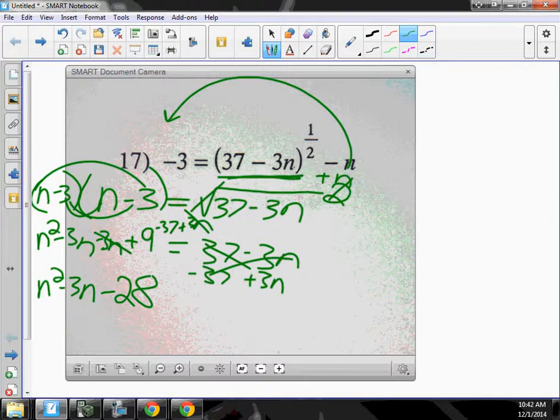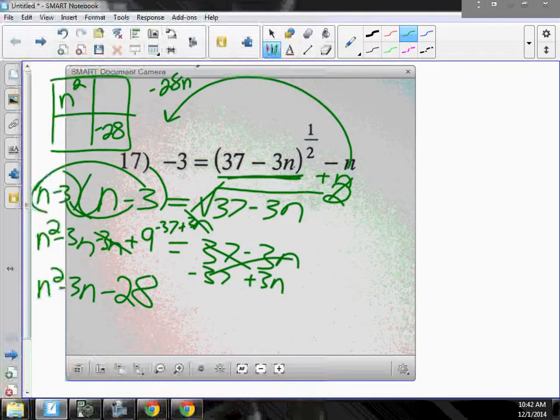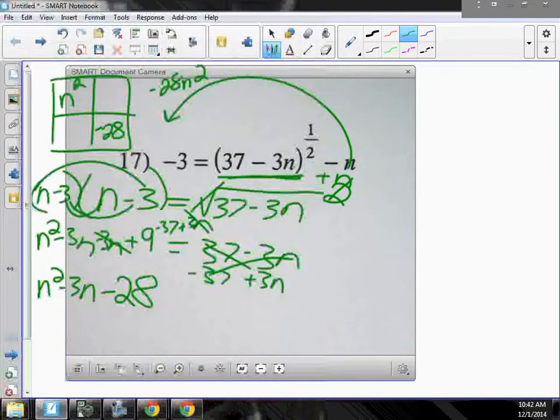Now I create the box. n squared minus 3n minus 28, which gives me negative 28 n squared. Are there factors of negative 28 that add to be negative 3? Well, will 1 and 28 work?